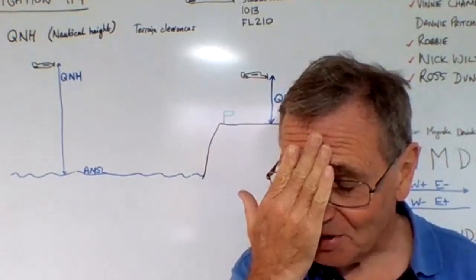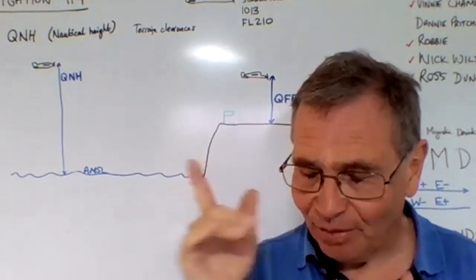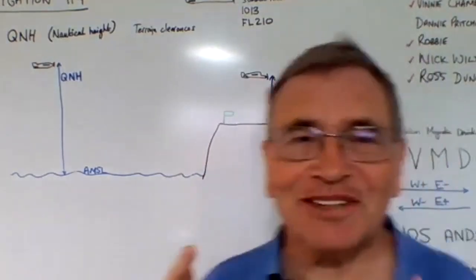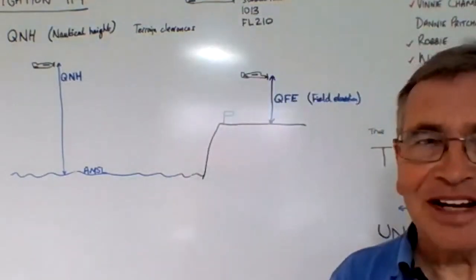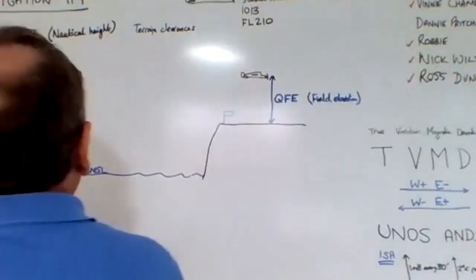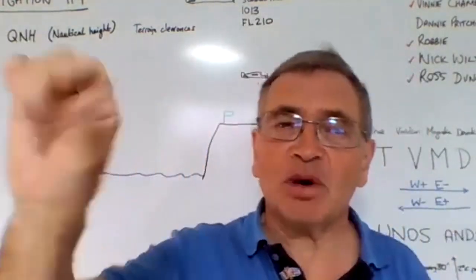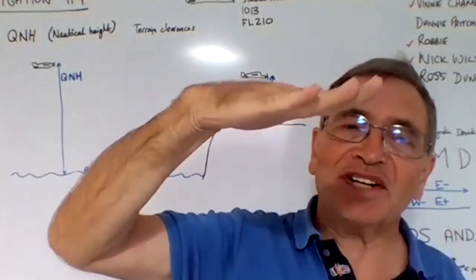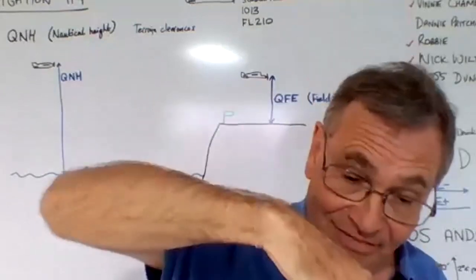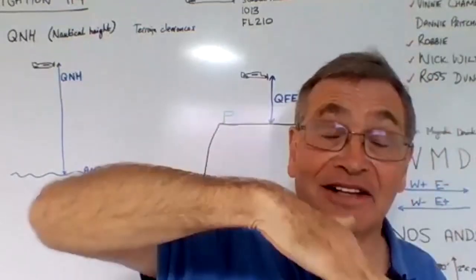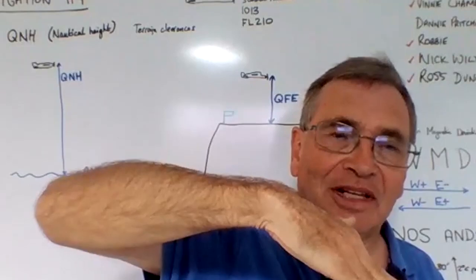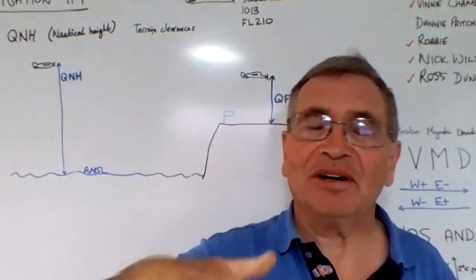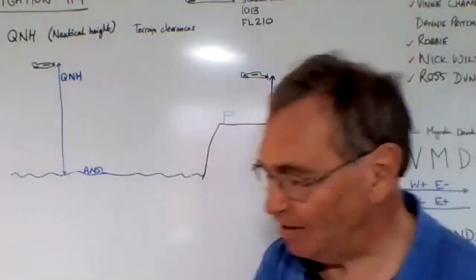I've got to make sure I've got this right. I've got to do the maths. Yeah, they'll ask you to climb to flight level 85. So in other words, you would have to then set 1013 on your altimeter, and of course that's going to change your apparent height, because it's now relative to 1013, and you'd apply power and climb to flight level 85.